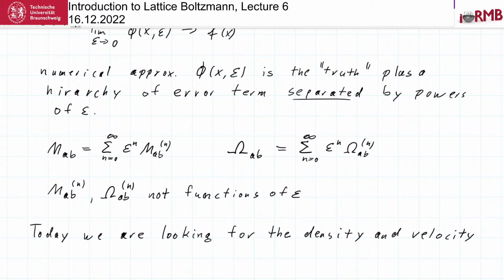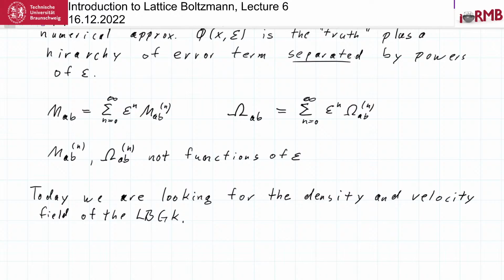Otherwise, it would be difficult to first derive the variables that we are looking at. But here we already know the variables. So they come as field variables, and we look for them in the LBGK equation.